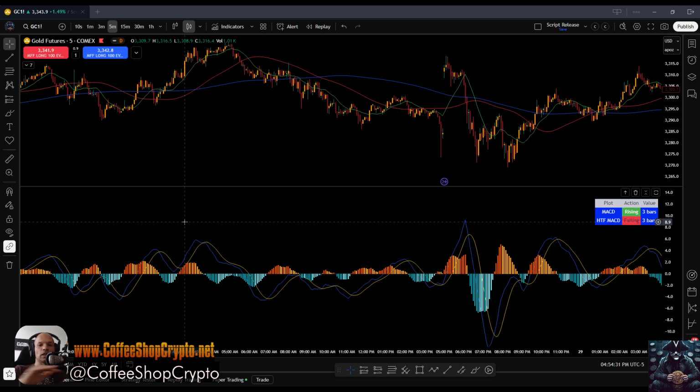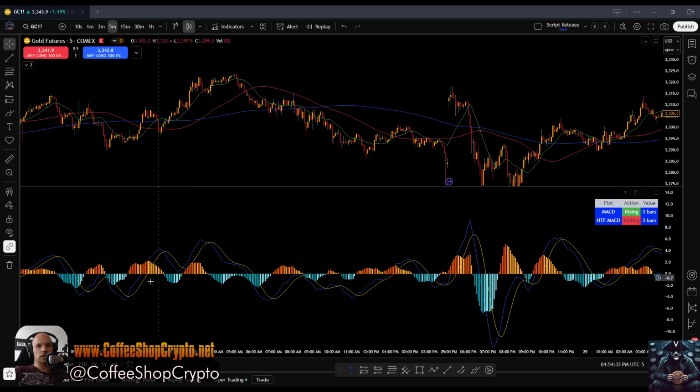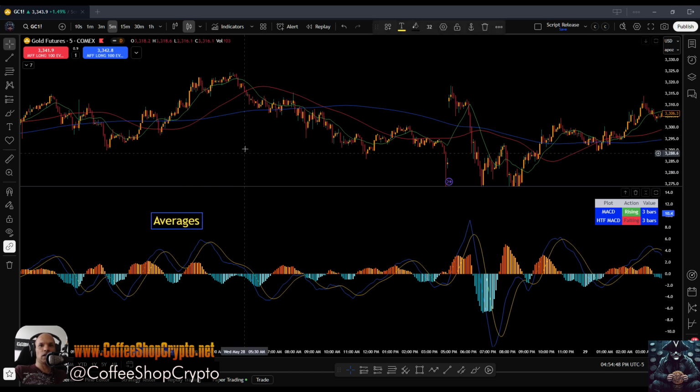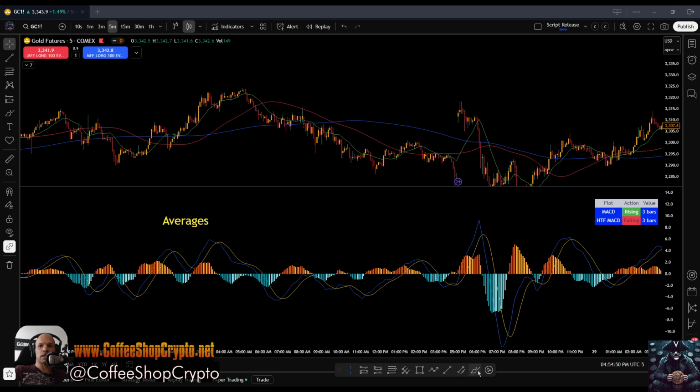It's total lies, okay? So the MACD is averages, all right? The MACD is giving you averages, okay? It's just like looking at your moving averages. So how does your price action have a high and low, right? How does your price action have a low and a higher low with a high in between, okay?